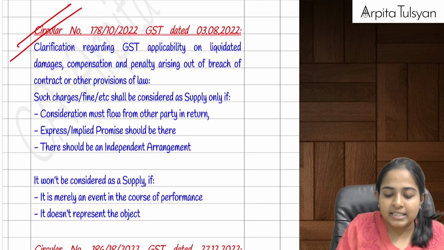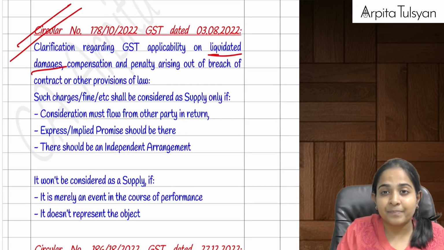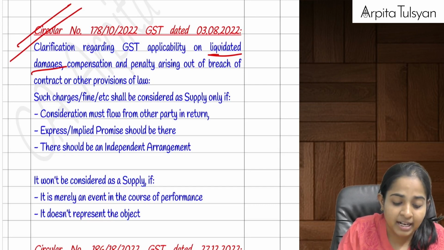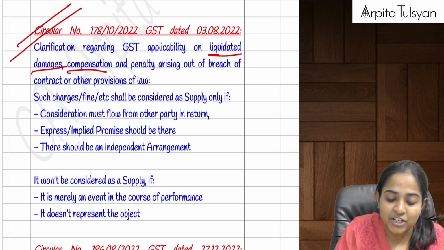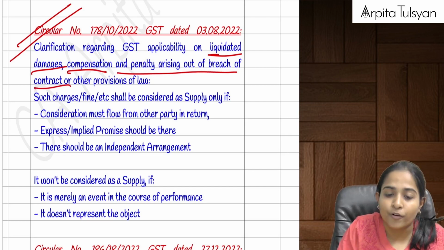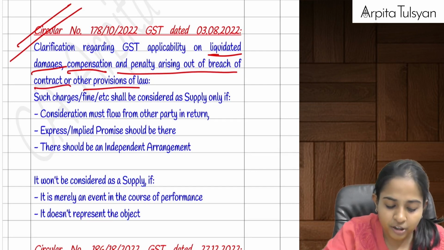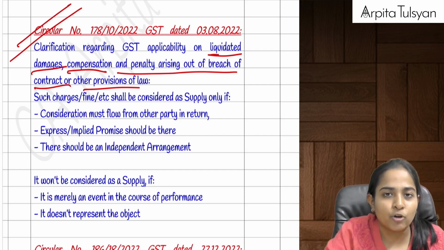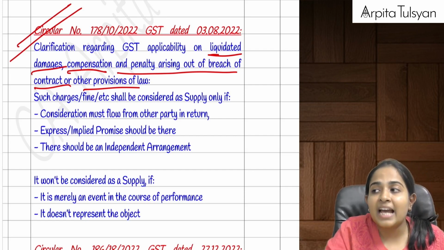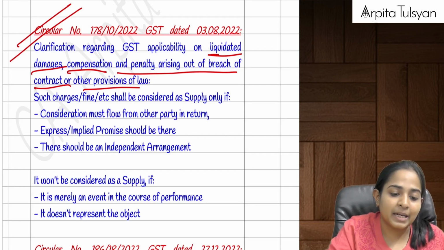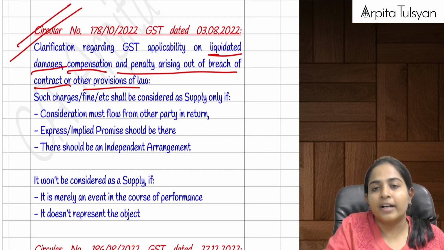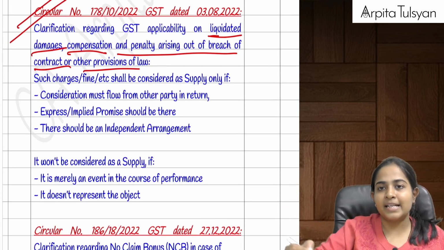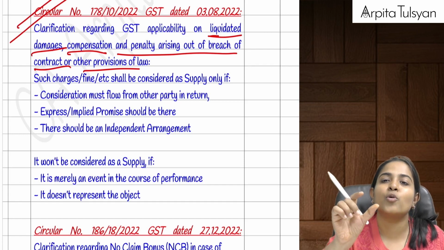What about GST on liquidated damages? In a contract, if there are any damages which have been suffered, what about the GST on that? What about the GST on compensation and penalty arising out of breach of contract or other provisions of the law? Let's say we two have entered into a particular contract, and we have specifically agreed that if there is a breach of contract from either of the parties, then the other party is going to compensate the first party with so and so amount.